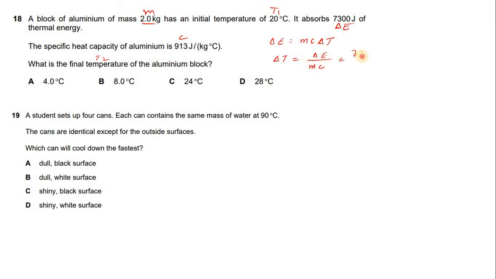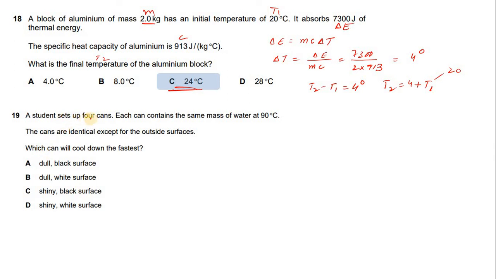That means 7300 divided by mass, 2 kilograms, times specific heat, 913. So delta T will be 4 degrees, and delta T is T2 minus T1, equal to 4 degrees. So T2 is equal to 4 plus T1, which is 20, so 24. The option is C.